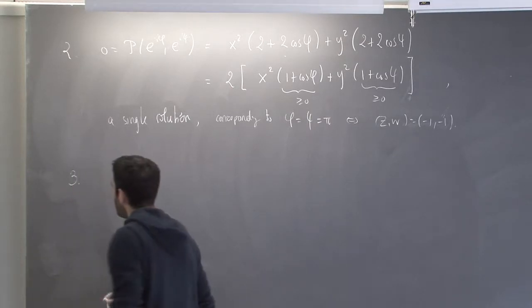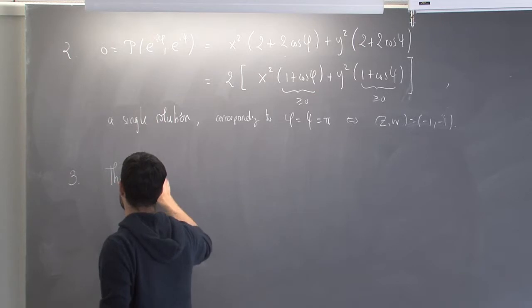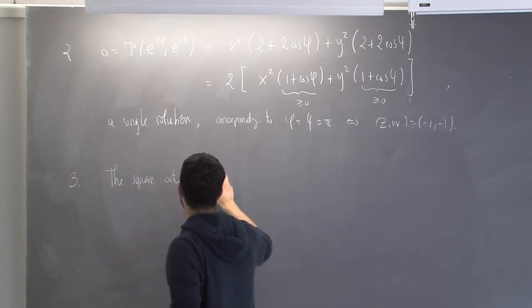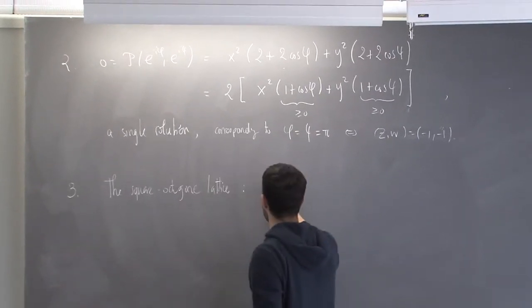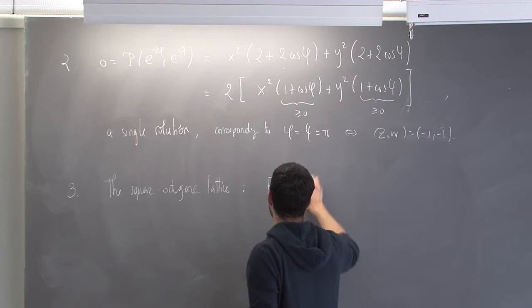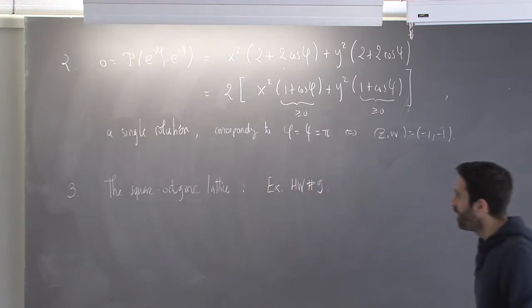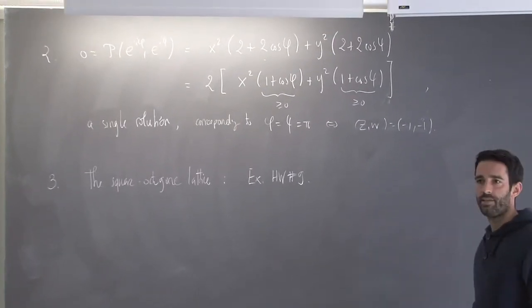Third example, the square octagon lattice. This was an exercise in homework 9 for today. And you see it starts to become quite difficult.